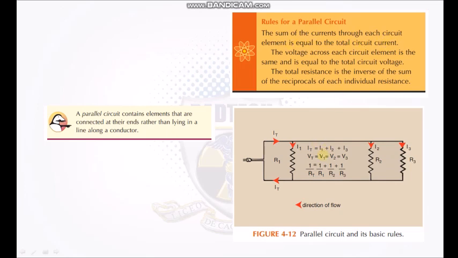So basically I1 plus I2 plus I3. Then the voltage across each circuit element is the same and equal to the total circuit voltage. And then the total resistance is the inverse of the sum of the reciprocals of each individual resistance.